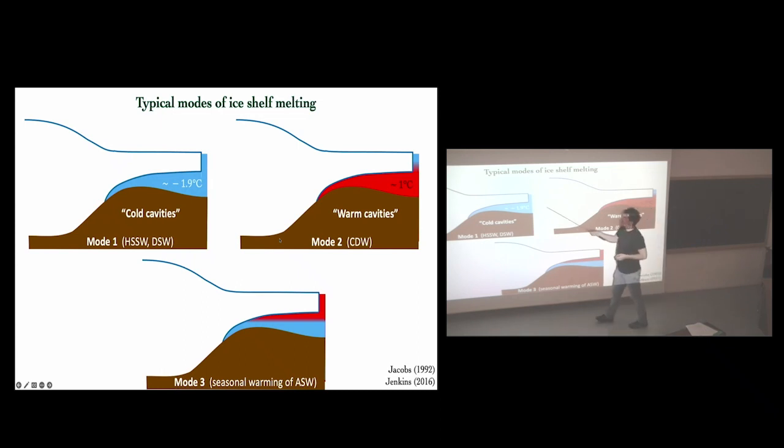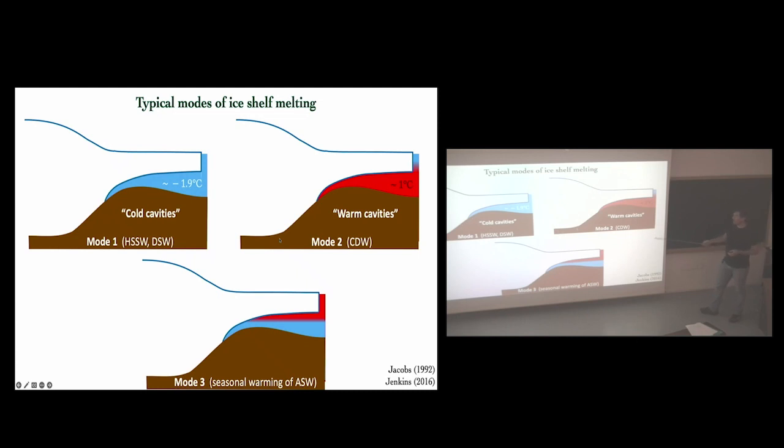It's water that is typically at minus 1.9 degrees, which is the freezing temperature of ice. If you produce a lot of sea ice, you will release brine, and you will cool the entire sea next to the ice shelf, and the water will be everywhere at minus 1.9 degrees. You have what people call warm cavities or mode 2 melting, and this is where you have circumpolar deep waters entering into the cavity. These are typically waters that are approximately at 1 degree.